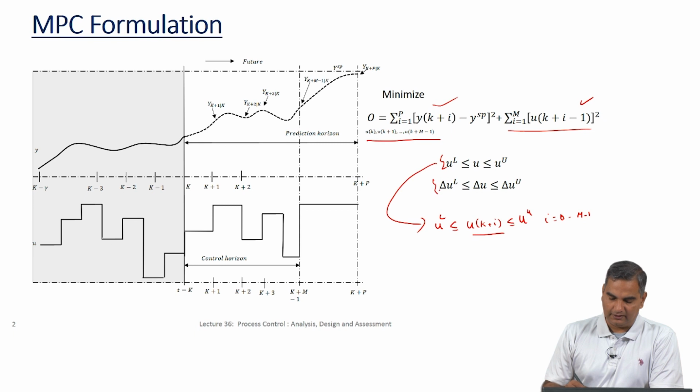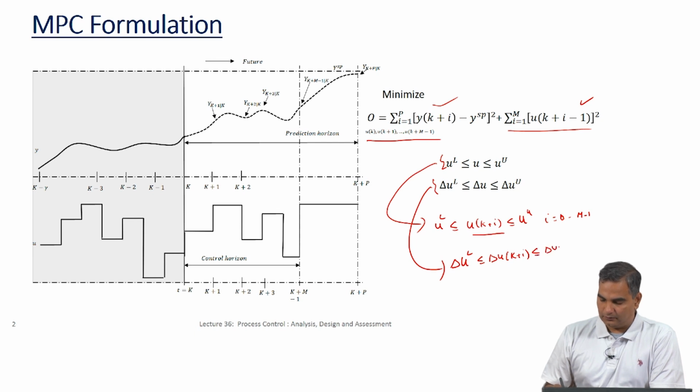Similarly, the general constraint on delta u can also be expanded like this: delta u lower less than or equal to delta u k plus I less than or equal to delta u upper, and again I equal to 0 all the way up to m minus 1.